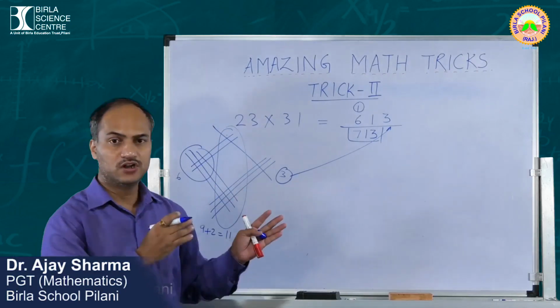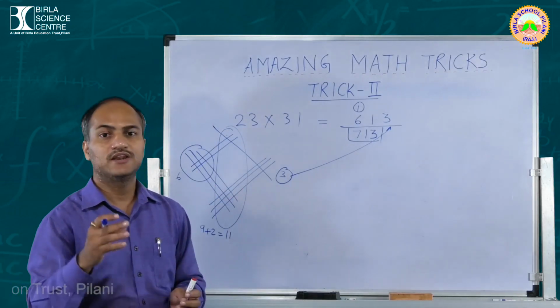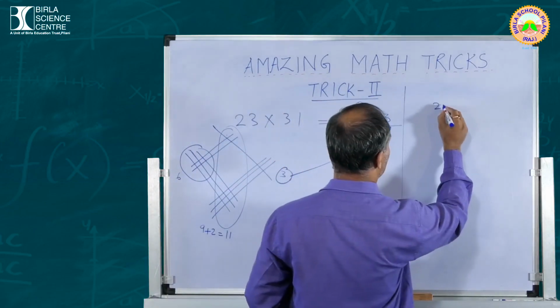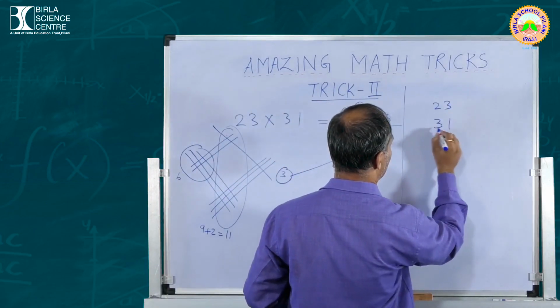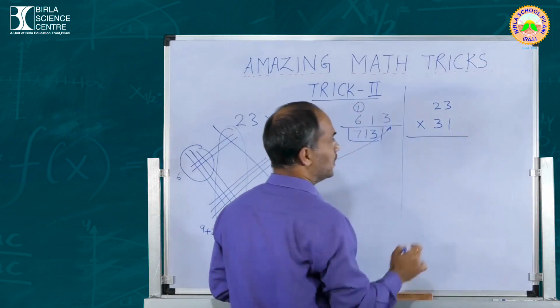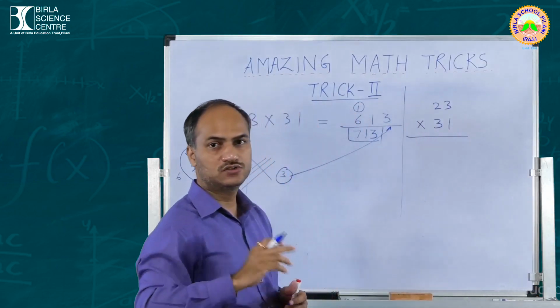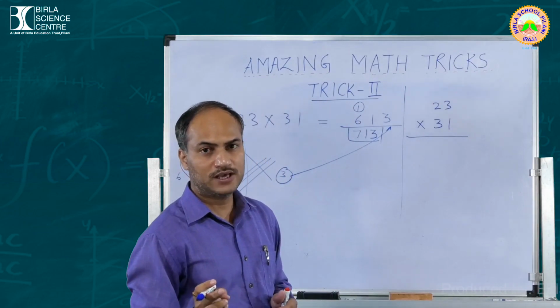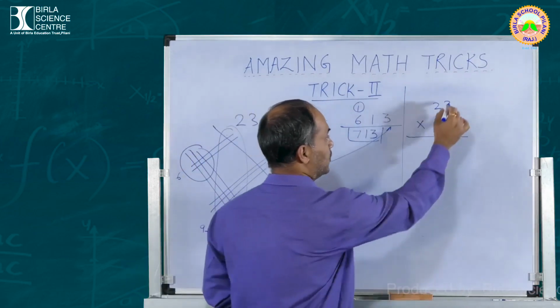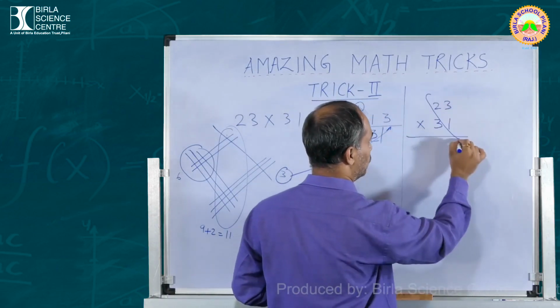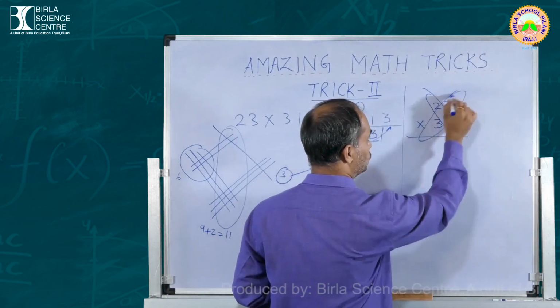Fine. We can also do this trick in one more way. And what is that? Let us see. 23 and 31. Here, suppose we multiply these two, 3 and 1. What do we get when we multiply these two digits? Just 3. Now multiply these two and these two.